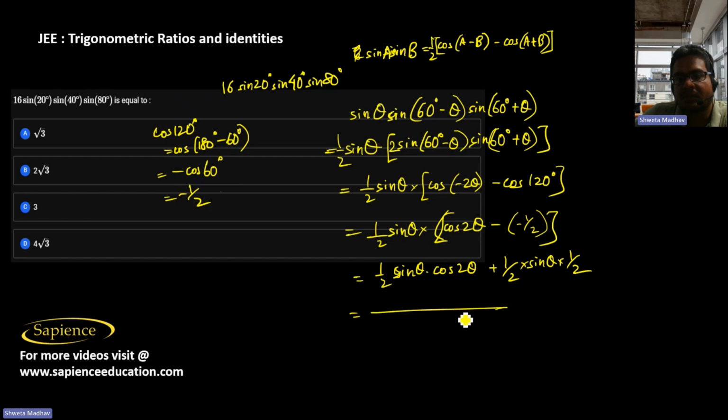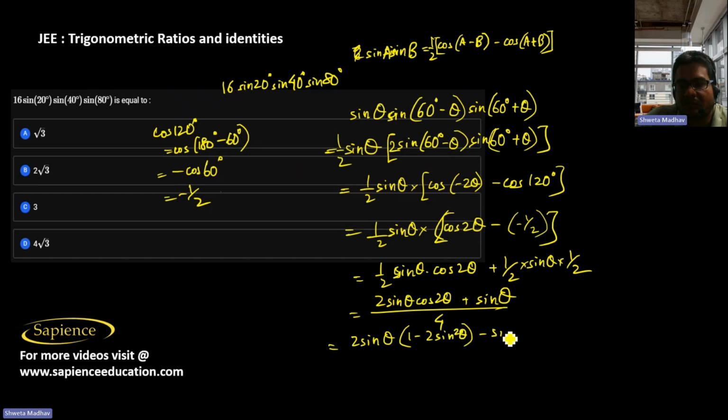Now we can write 4 as the LCM, and then here we can write 2 sine theta into cos 2 theta plus sine theta. Now from here sine theta I can take common, and here we can write 2 sine theta into 1 minus 2 sine square theta, since cos 2 theta is 1 minus 2 sine square theta, plus sine theta divided by 4.